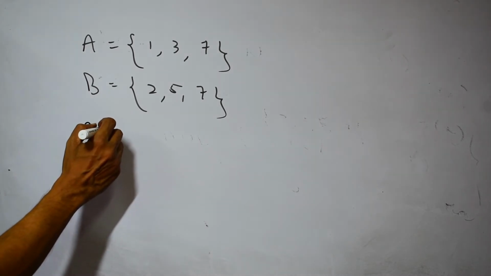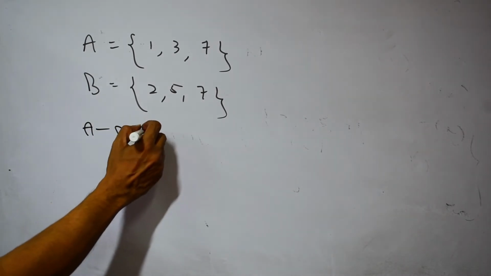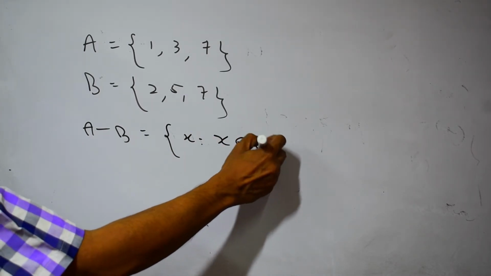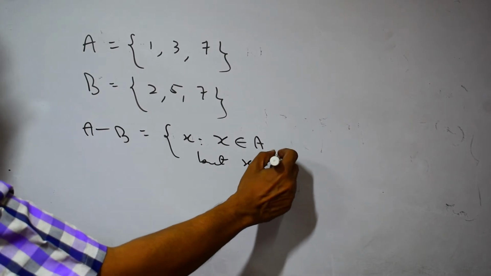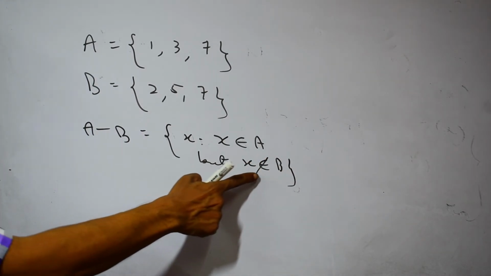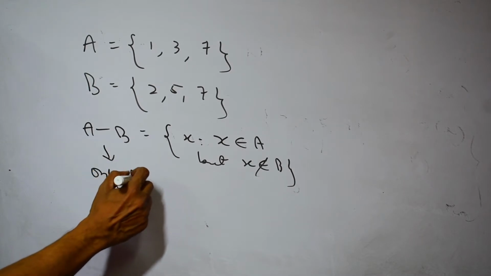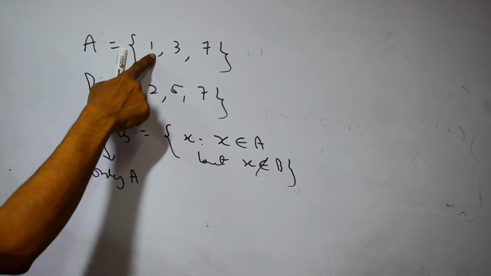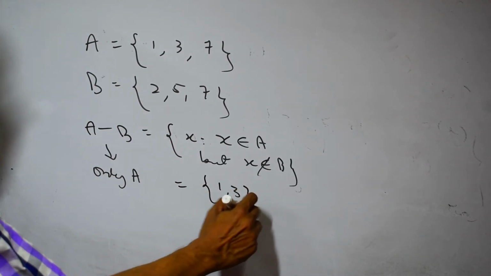Then the next operation is minus or difference, that is A minus B. A minus B will be those elements x that are in A but not in B. In other words, only A, not the common elements. So if I discuss A minus B, then we will be taking 1, 3 because 7 is present in both.